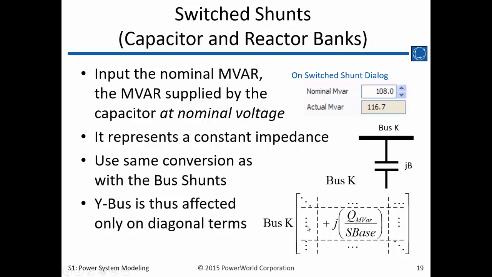And again, it only affects the diagonal term of the bus it's attached to. So we take the nominal megavar, divide by the S base, and add that term to the diagonal of the admittance matrix. So the trend is that shunt devices are always going to impact only the diagonal element of the bus they're attached to. Transmission lines and transformers that run between two buses make up the rest of the matrix, the off-diagonal elements.